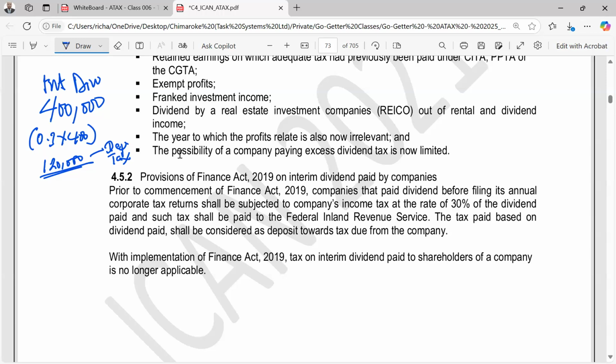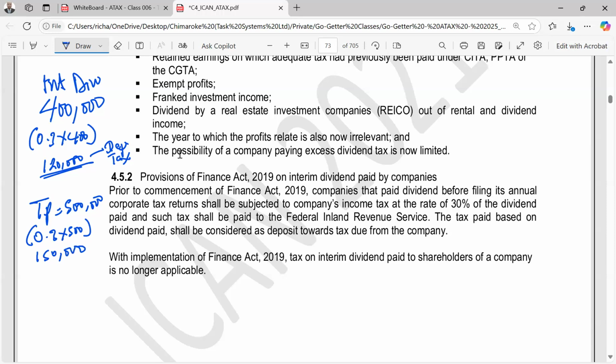Now, let's assume that your total profit happens to be 500,000. Then you are now paying a tax of 30% of 500, which is going to be 150,000.